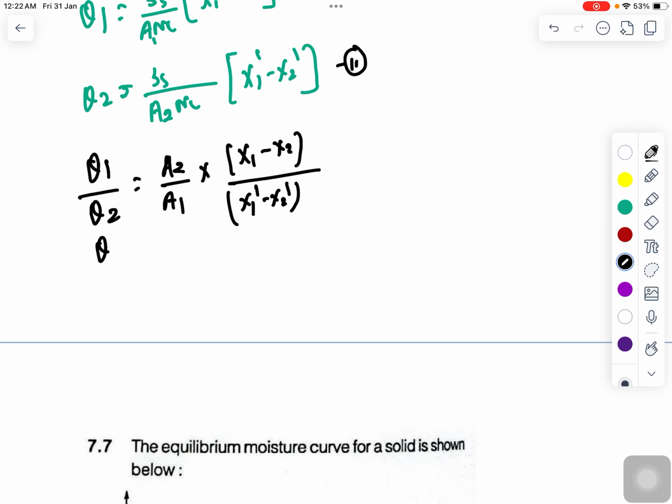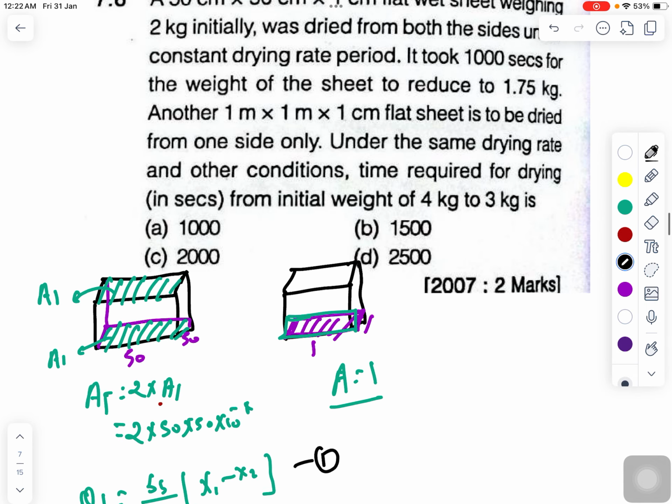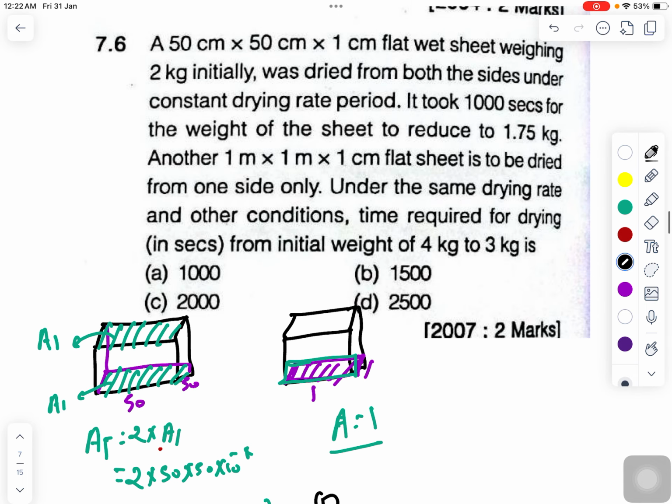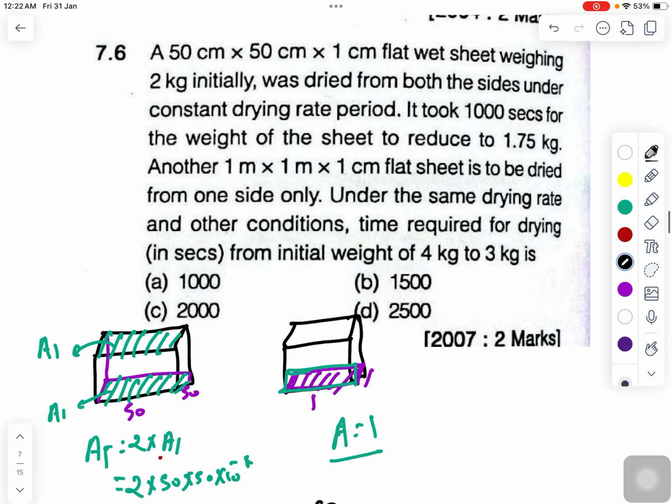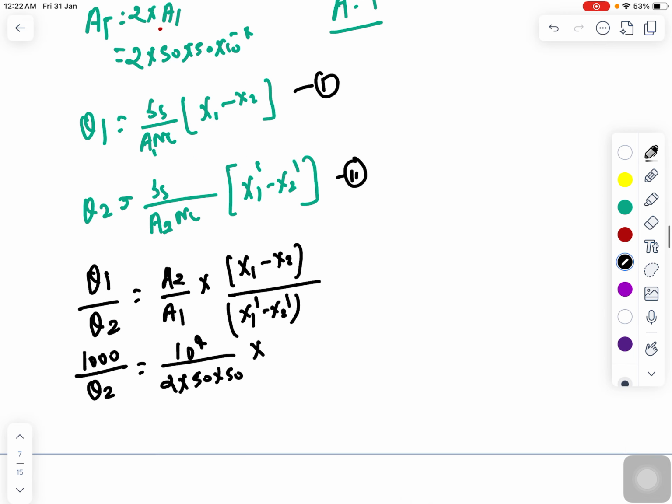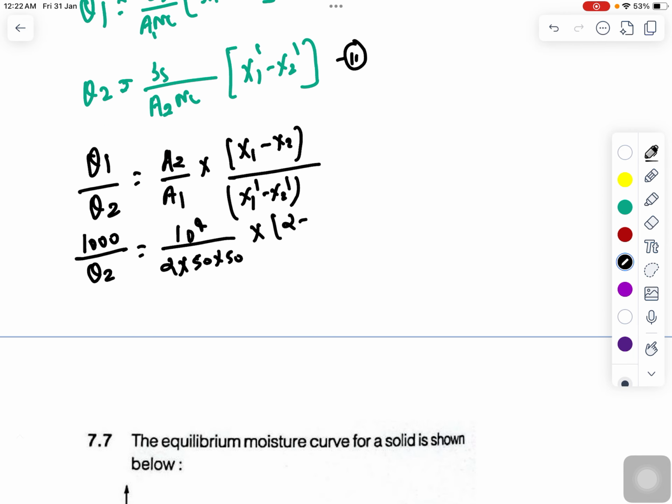So let's write theta 1 is 1000. I'll substitute this directly here: 1000 divided by theta 2, and area 1 divided by area 2, that is 50 cross 50, so I can write 50 into 50, 10 to the power 4 into. The initial moisture content was 2 and it is being decreased from 2 to 1.75, and 4 to 3. So (2 minus 1.75) divided by (4 minus 3).